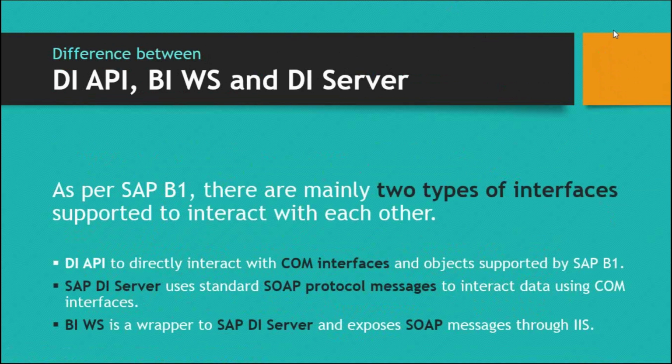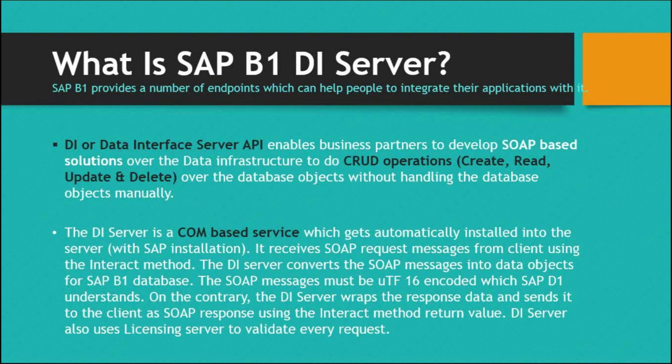Now moving to the next slide. Now what is the SAP B1 DI server? DI server is a data integration server API which enables you to communicate with your backend ERP system using standard SOAP protocols.